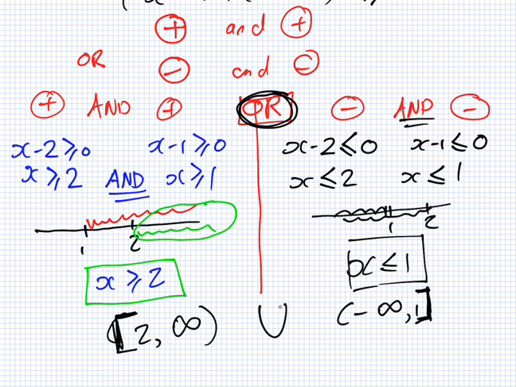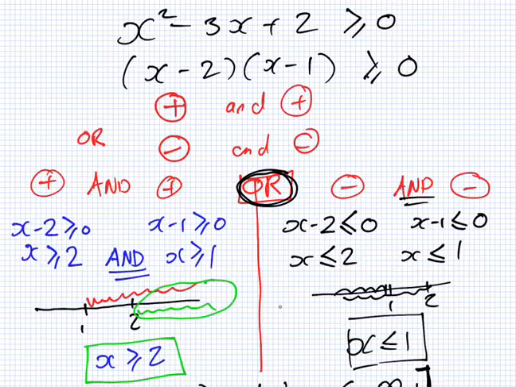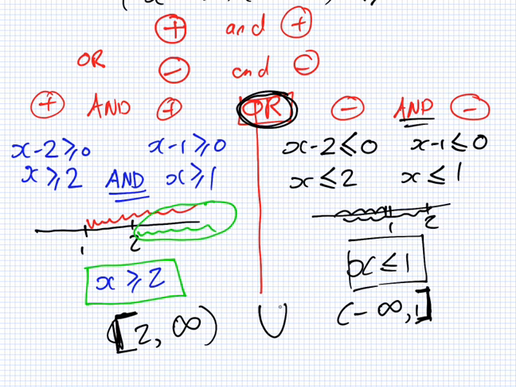So it's the second way to do it. I hope you agree with me, the first way is better. Minus infinity to 1, and then 2 to infinity. Both answers.